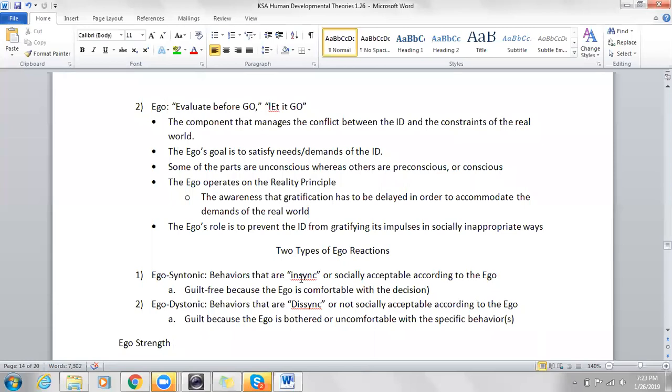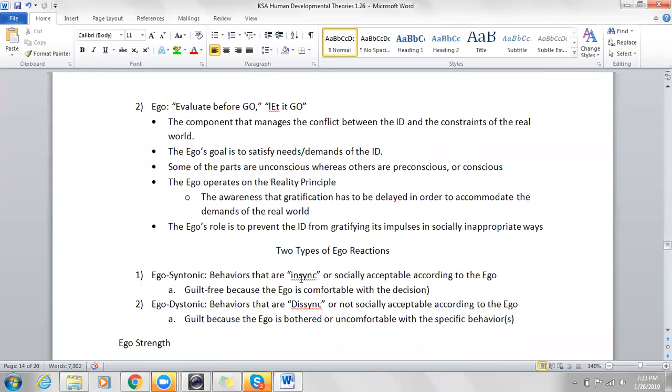If Bill wants something, he can't just go in and kick someone's door down and take it. So the ego's role is to prevent the id from gratifying its impulses in socially inappropriate ways. So there's two types of ego reactions: egosyntonic and egodystonic. So behaviors that are in sync, or syntonic, are socially acceptable according to the ego.